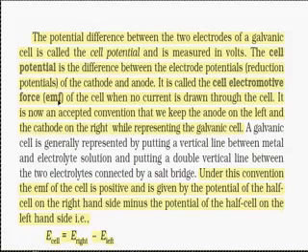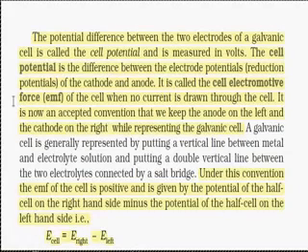The cell potential is the difference between the electrode potentials, that is, the reduction potentials of the cathode and anode. Now there are two words, reduction potential and oxidation potential. Oxidation potential is the tendency to lose electrons, whereas reduction potential is the tendency to gain electrons.